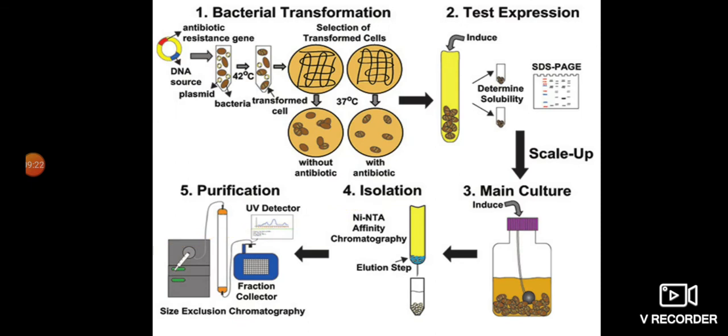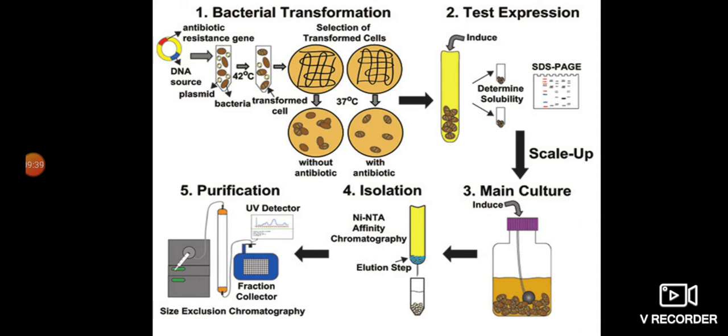So in case of bacteria, how things are going to go is shown here. Take the construct, go for selection and screening, then transform the cells, get the particular cell, then make it produce a protein.